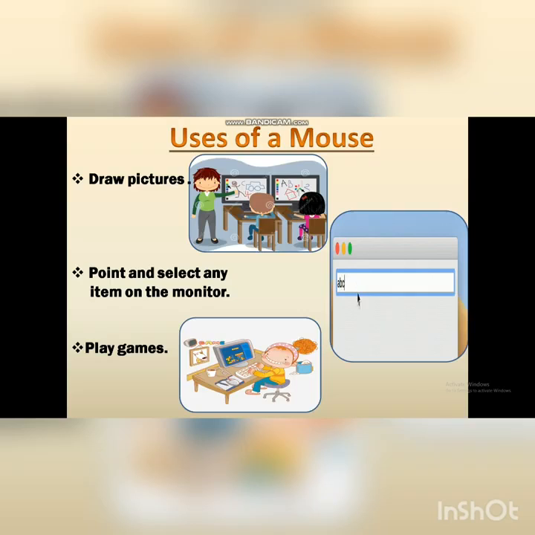When you are using a desktop or laptop, you use the mouse to select any item, folder, file, or application you want to open. When you hold the mouse, the cursor helps you to select the item. This cursor is called the mouse pointer. Third point, you can play games. When you are free, you can play games on the desktop or the laptop with the help of a mouse.